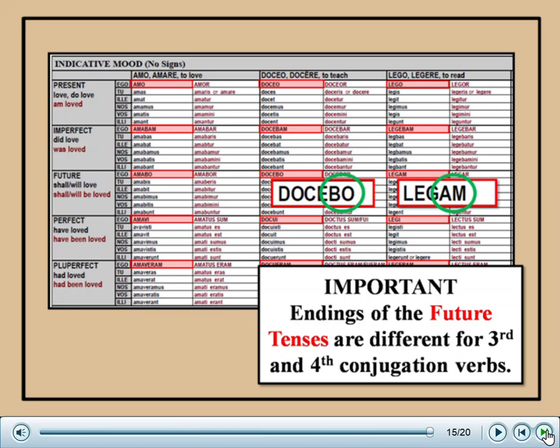That ending marks the future tense. However, in the third and fourth conjugations, they use a different ending to mark the future tense. Endings of the future tenses are different for third and fourth conjugation verbs.